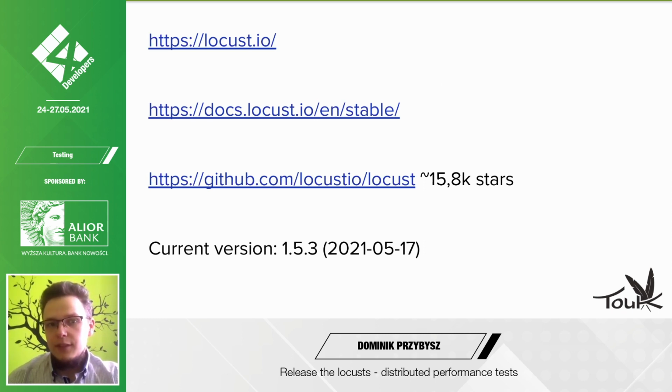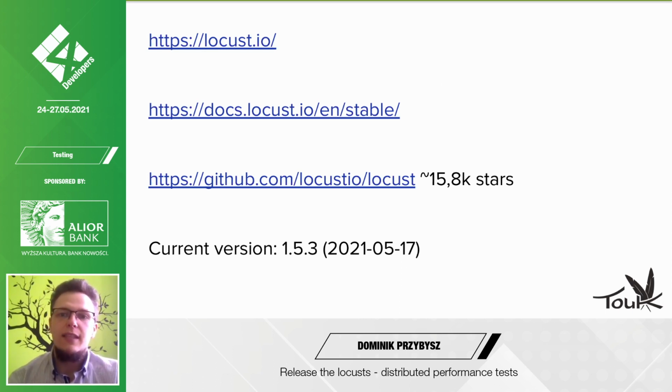And if something is missing in the documentation, everything is open source, and in the GitHub repository there are a lot of very interesting things, especially examples of how you can configure your test. The current version of Locust is 1.5.3, and it was even the fourth release of this library this month. So something is still going on in this project.